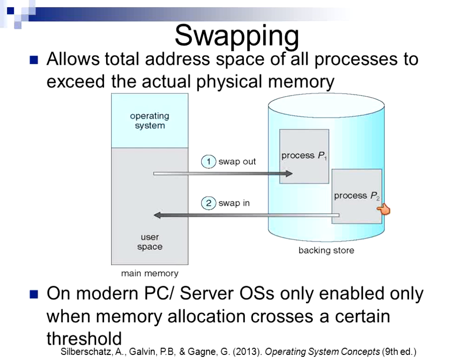The second process will be swapped in from disk and put into memory. The disk is often called backing store. I think you've seen that term in your reading. The backing store is usually a fast disk that's big enough to accommodate all the memory images for all the users on the system.